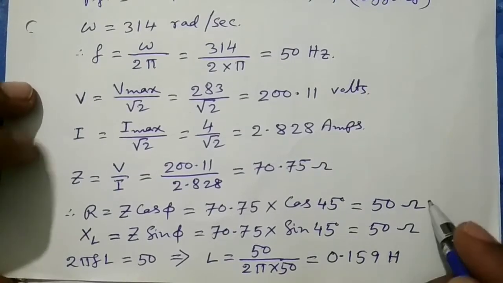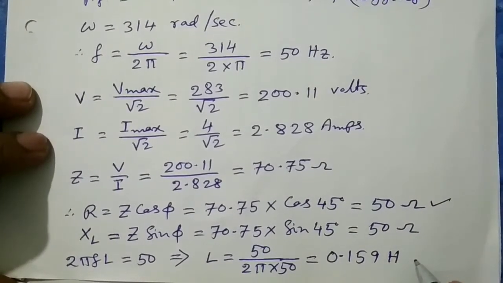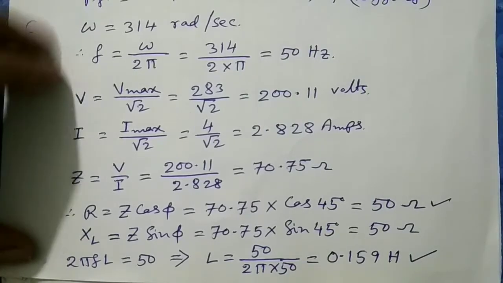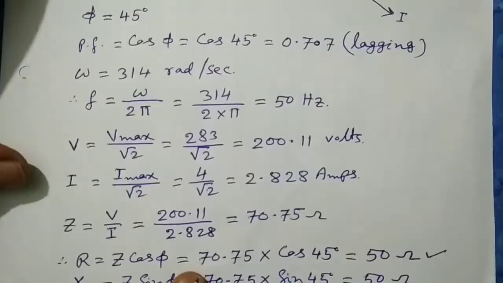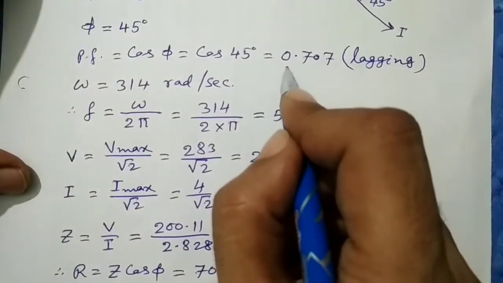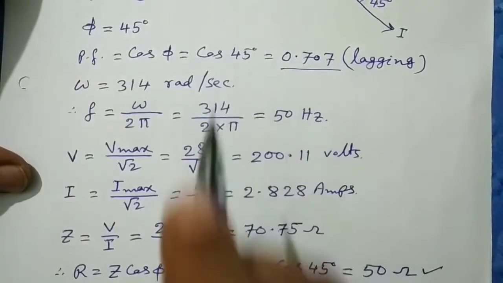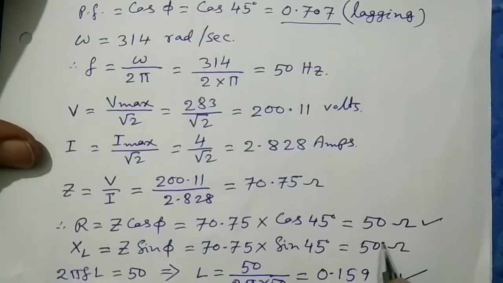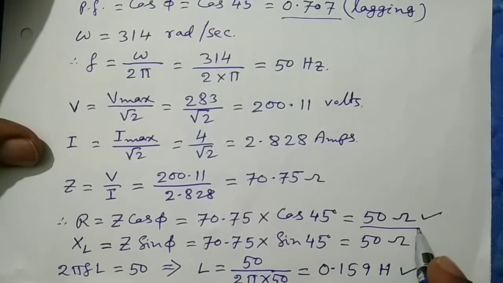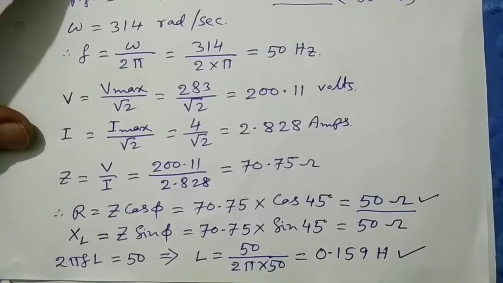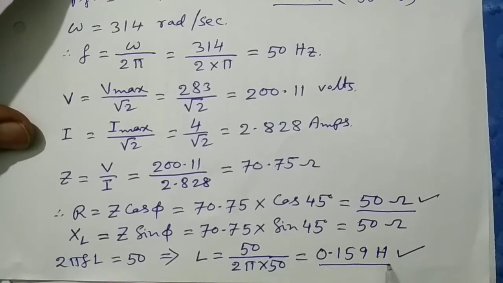So this is the value of resistance, and this is the value of inductance of the circuit. The power factor we have already calculated, that is 0.707. The resistance of the circuit is 50 ohms and the inductance is 0.159 Henry.